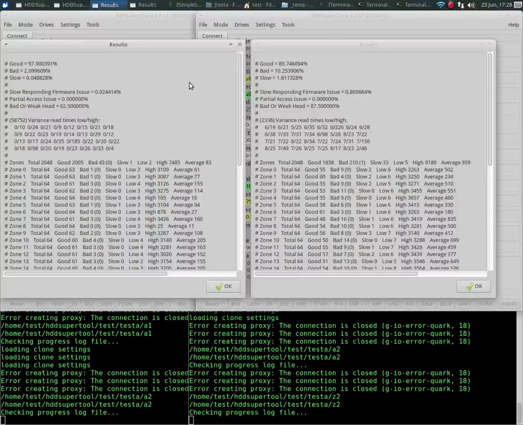So now we'll take a look at what was the second round of analyze testing with each setting. And you can see the original setting, 97% good, 2% bad, very little slows, 62% bad or weak head. Here we only have an 89% good, 10% bad now, and a 1.6% slow, and an 87.5% bad or weak head.